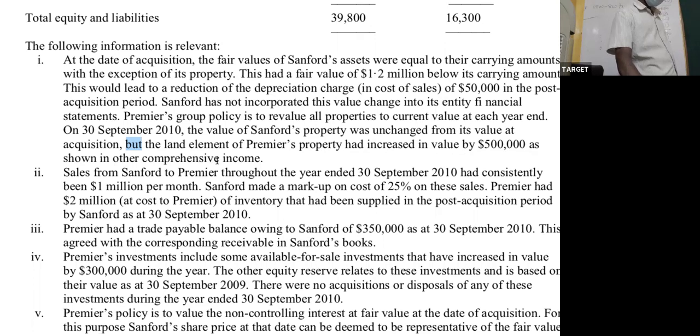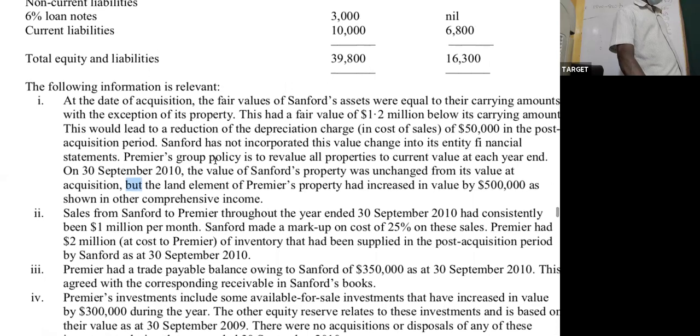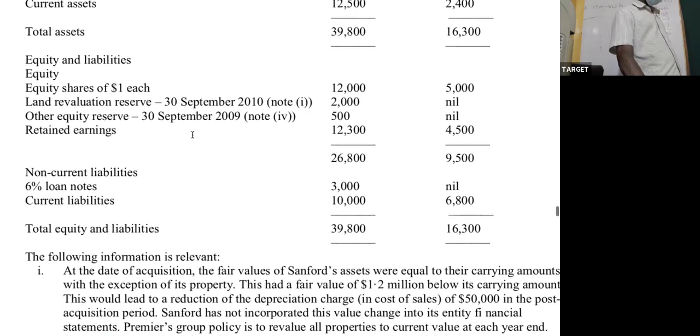Good. Now it has increased by 500,000. Now what happened is this. Go to the financial position. See land valuation. The land valuation that we have here is 2,000. Good. So it's coming from where? The land.